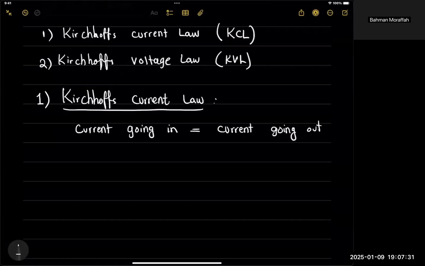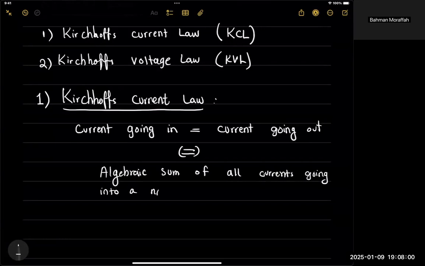I can rewrite this and have everything on one side and set it equal to 0. Another way of saying this is that the algebraic sum of all currents going into a node is 0.